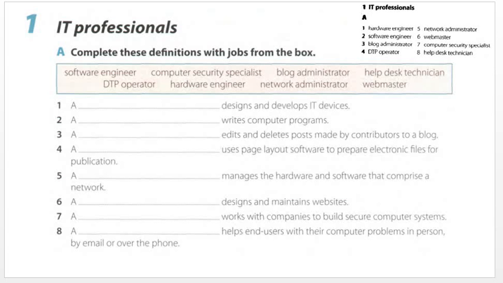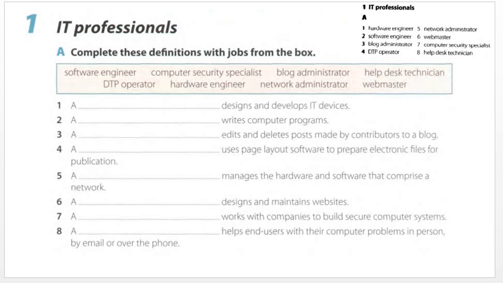Number 4, a DTP operator uses page layout software to prepare electronic files for publication.